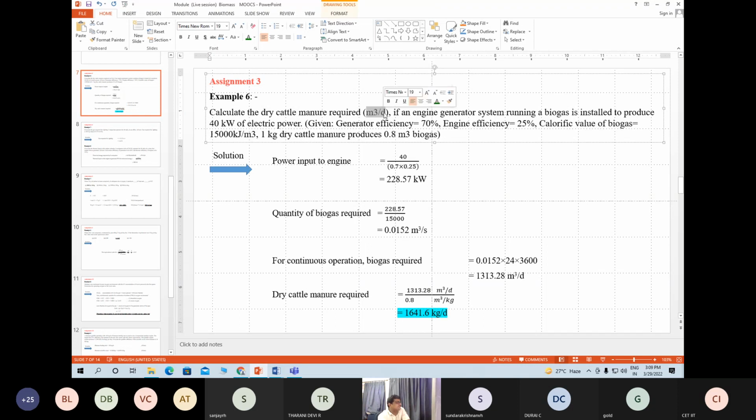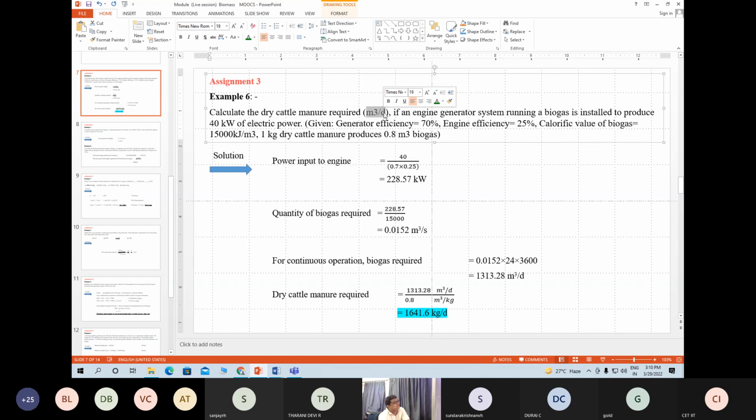Sometimes in some of the examples, we have asked certain quantities in meter cube per day and certain quantities in kilogram per day. When it is dry cattle manure, I understand that it should be kilogram per day. But when it is the total slurry or total manure required on a per day basis, once we have the slurry density, we can calculate that value as well.